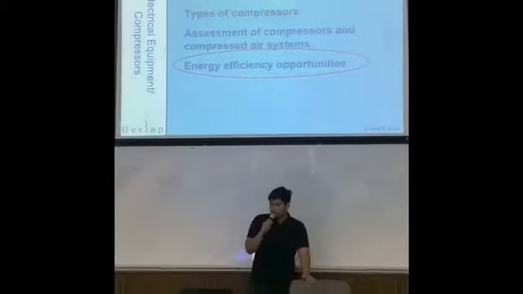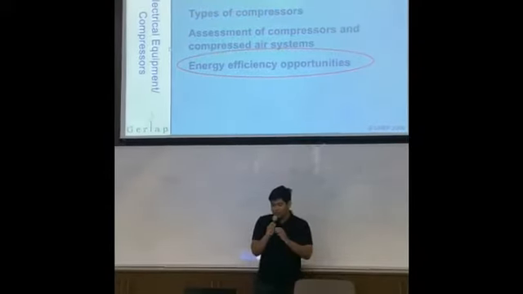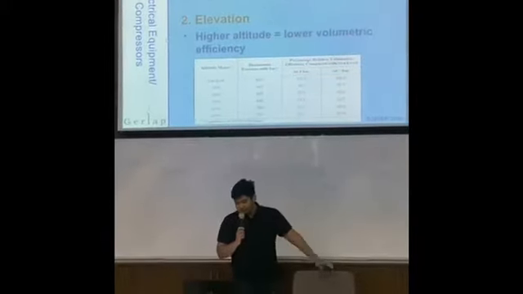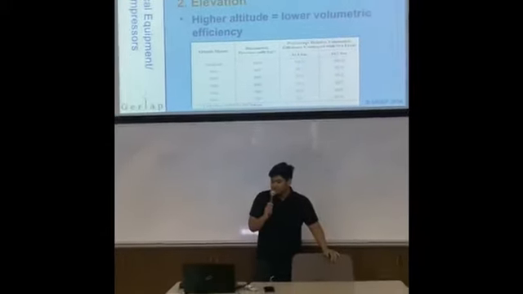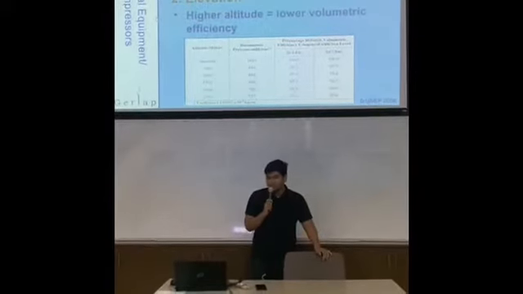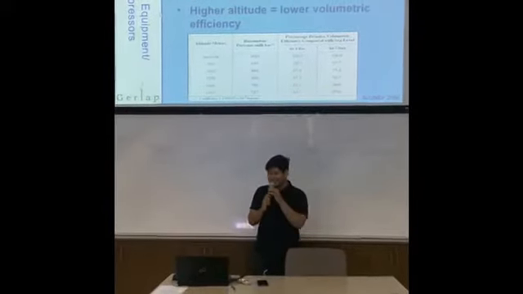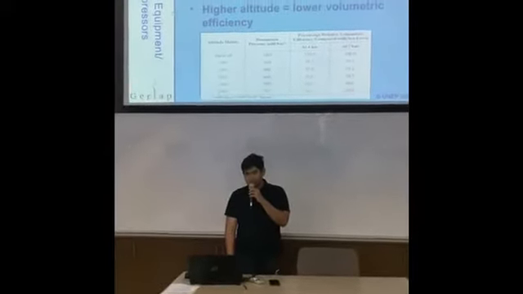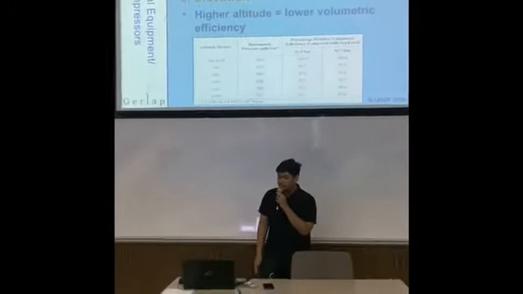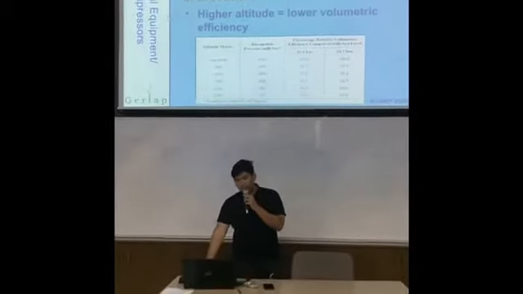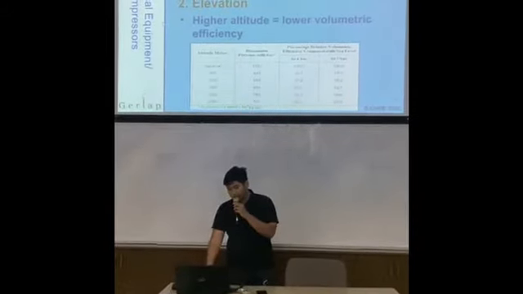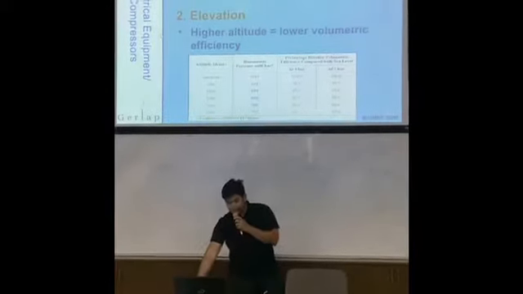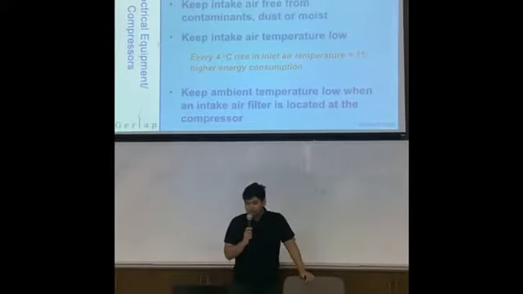For the last part of the compressor, we will talk about energy efficiency opportunities. The first is location, which has a significant influence on energy use. Secondly is elevation. At a higher altitude, it will produce lower volumetric efficiency. The third is air intake.